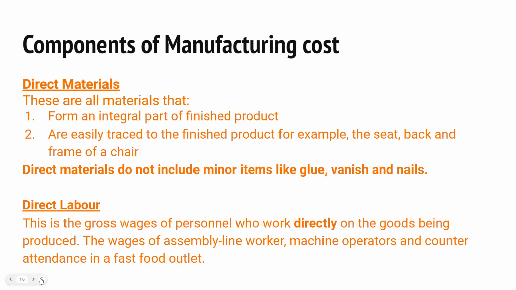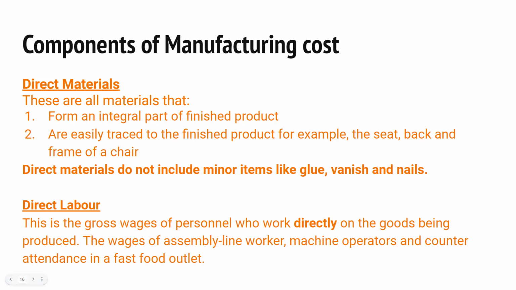If we're looking at making a chair, we're talking about the seat, the back, the frame of the chair. Direct materials do not include minor items like glue, varnish, and nails. Very important for you to remember that. It's in there, but it's not actually the main thing in actually making a product.